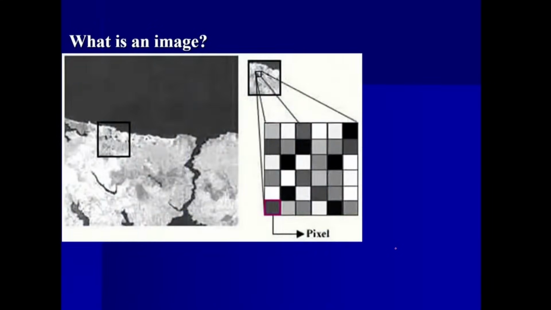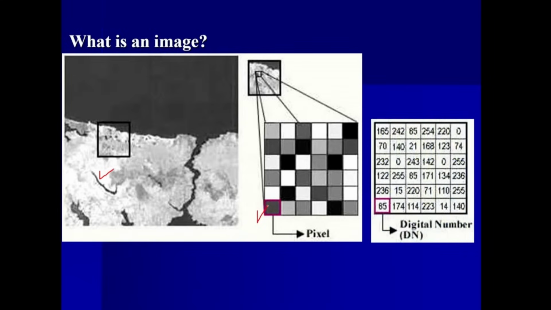So for that we have to see a further definition of what is an image. Here for the satellite also, if you zoom into some portion, this is a satellite image, and if you zoom up to a certain level, you see the pixels appearing like small boxes. And further, if you zoom within this box, you will find some numbers, and these are your digital numbers.